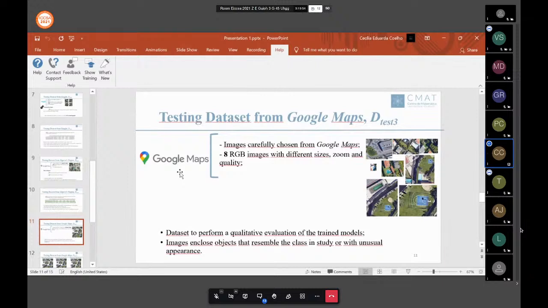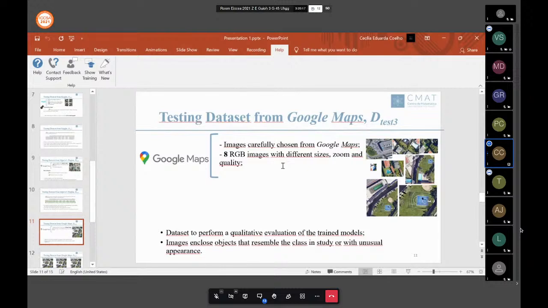To finish, we decided to develop another testing dataset, this time to do a more qualitative evaluation of the models to see in which situations the models have difficulties. So we carefully chose some pictures from Google Maps.